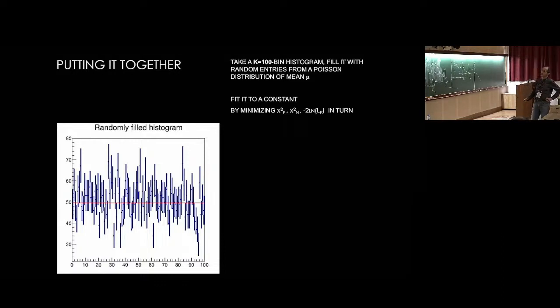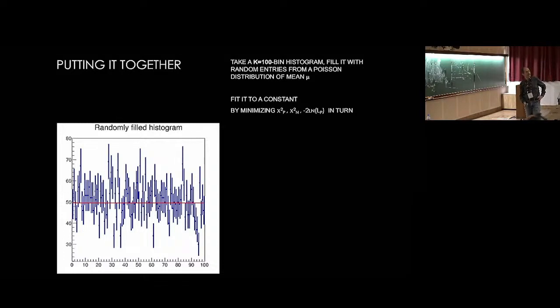You just take 100 measurements of a quantity which has a certain rate, let's say 50. And here I have plotted this random fishing of a Poisson of 50, 100 times. I fit it to a constant by minimizing in turn the chi-squared of Pearson's, the chi-squared of Neyman, and the log likelihood.